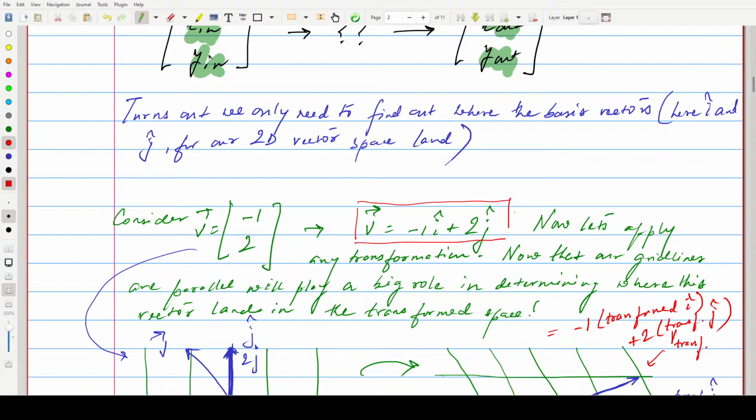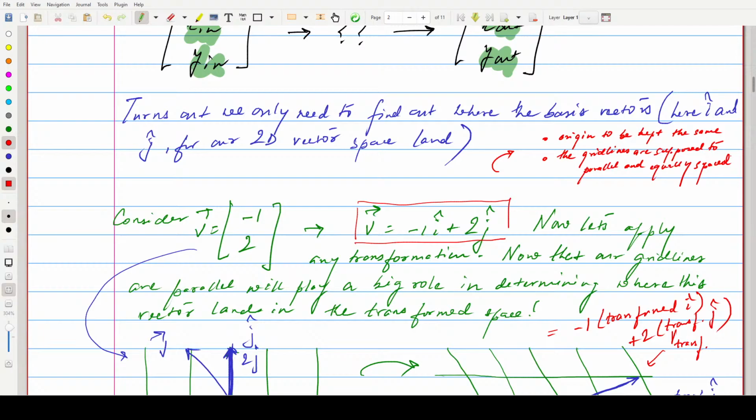The basic rule of a linear transformation is that whatever we do to the space, the origin has to stay the same, and the grid lines are supposed to remain parallel and equally spaced.